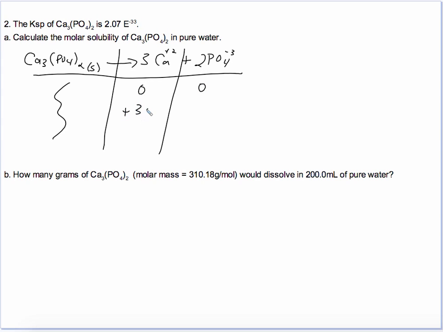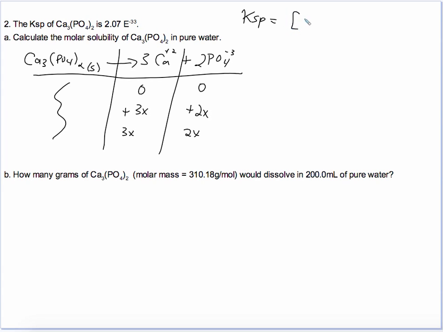Solids aren't part of our expression, so this is 0, this is 0. This is going to go up by 3x, so at equilibrium we're going to have 3x. This is going to go up by 2x, so at equilibrium we're going to have 2x.